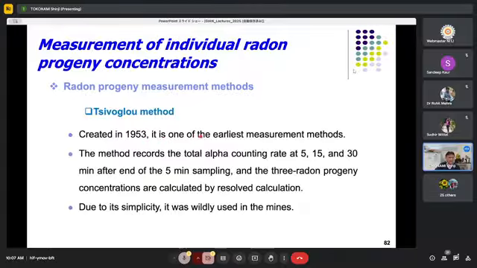It is one of the earliest measurement methods. The method records the total alpha counting rate at 5, 15, and 30 minutes after the end of the 5-minute sampling, and the 3 radon progeny concentrations are calculated by resolved calculation. Due to its simplicity, it was widely used in the mines.